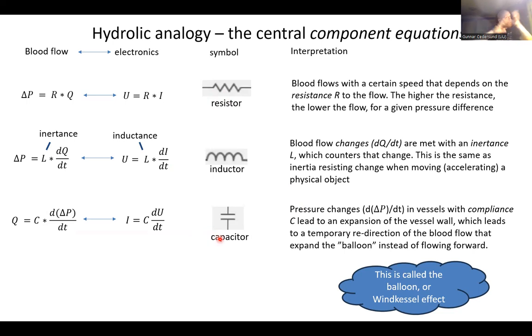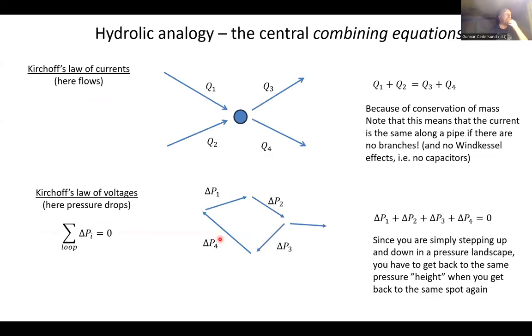But then you also need to connect the components into an interconnected system of equations. And that you do by another analogy, which is Kirchhoff's laws. Kirchhoff's law of currents is that the ingoing currents into a node equal the outgoing currents. So here we have 2 ingoing and 2 outgoing.